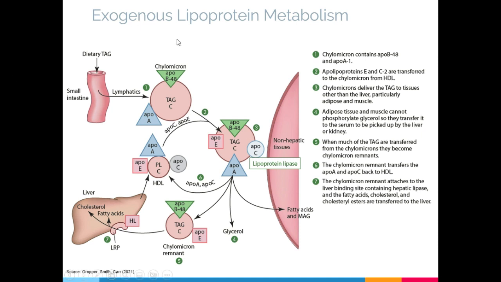Exogenous lipoprotein metabolism is when the body transports the fats absorbed from the diet, so it comes from the intestines. This happens most certainly after you eat a meal that is very high in fat.